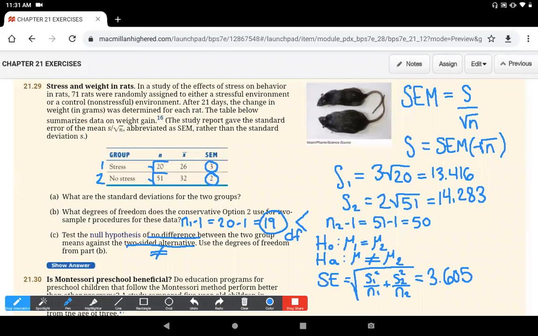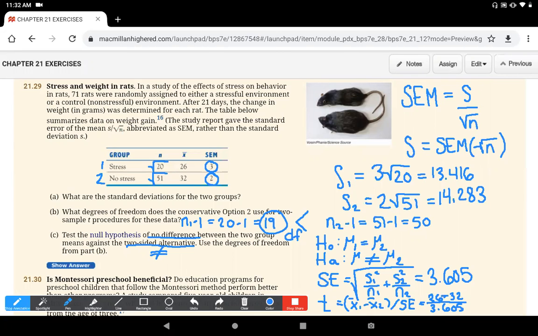So our t-score, which is the difference in the means divided by the standard error for the means, is 26 minus 32 divided by 3.605.